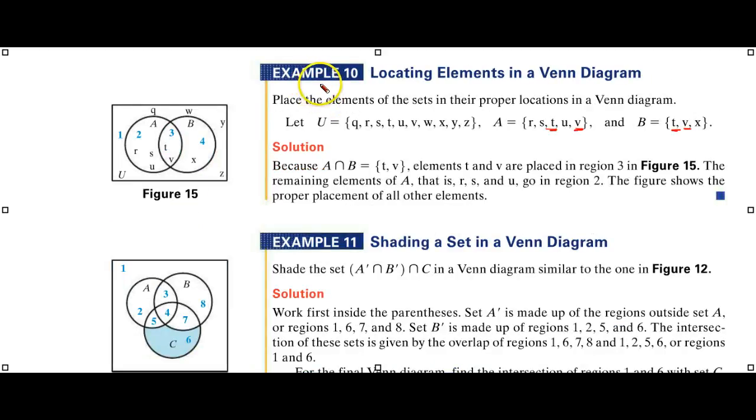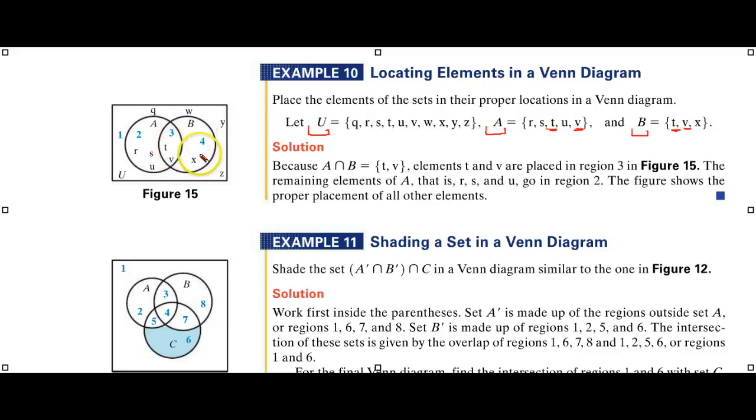In example 10, they're asking you to locate elements in a Venn diagram. So they're giving you the universal set, and then they're placing some of these members in set A and some in set B. Now you know there's an overlap because our T is found in both A and B, and the V is found in both A and B. So there's our TV.